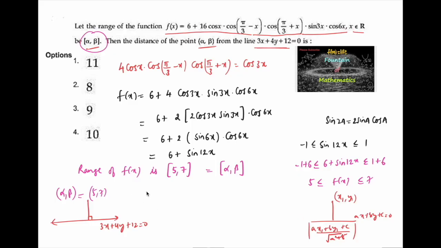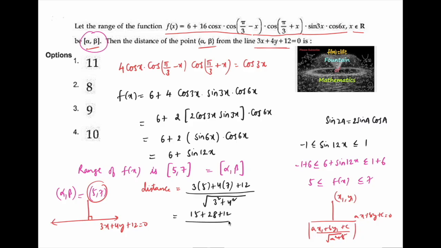So here we can write the distance from the point 5 comma 7 upon the line, we can write it as 3 times 5 plus 4 times 7 plus 12 divided by under root of 3 square plus 4 square, which is equal to 15 plus 4 sevens are 28 plus 12 divided by under root of 16 plus 9, 25, square root is 5.